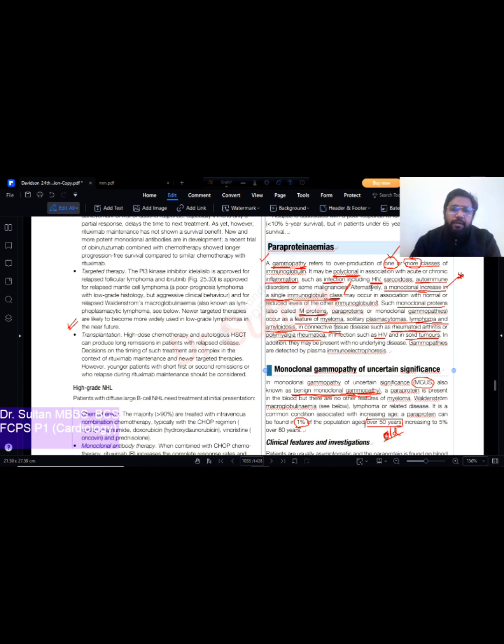So if you think about an important scenario, like how multiple myeloma can present to you, or how you can diagnose the case of multiple myeloma.